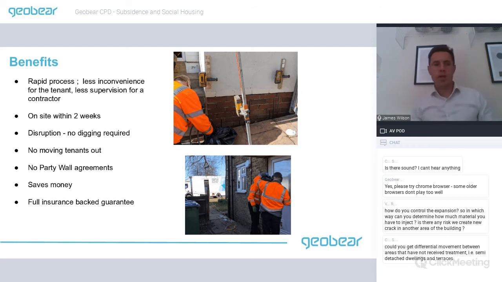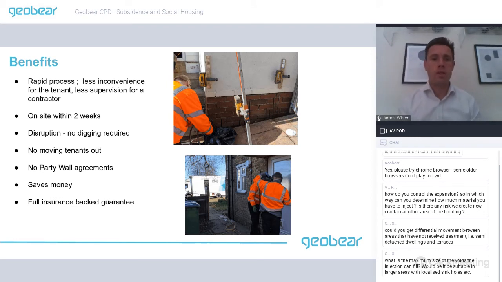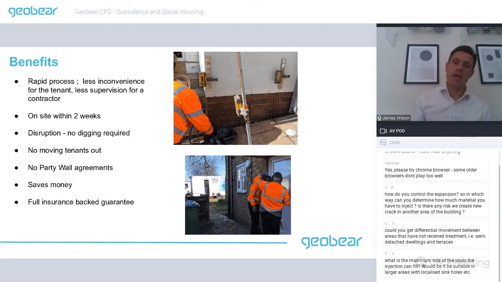So the benefits. I've tried to touch on the benefits as I've been going along, but just to really summarize what I'm saying. The main thing is how quick it is. Most properties take sort of one to 2 days. But the worst, that Oxford one was 5 days because it was the whole blocks.